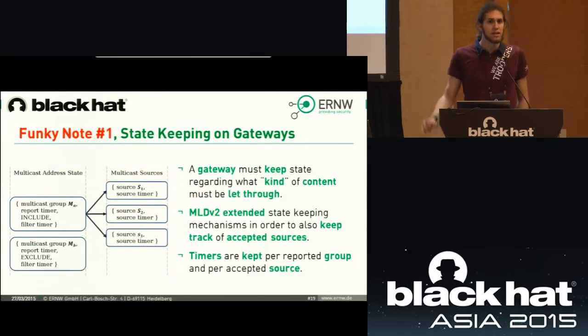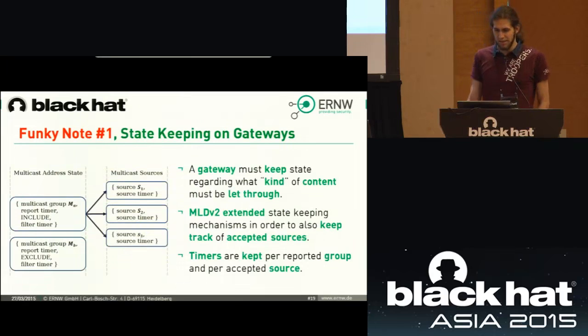So now we know basically how MLD is working. Let's get to some funky notes we found as we went to a little bit deeper understanding of how MLD works. The first funky note is state keeping on the router. He has to keep state on all multicast groups every listener wants to join, and additionally he has to keep state for every multicast group of which sources the listener wants to get the data stream from.